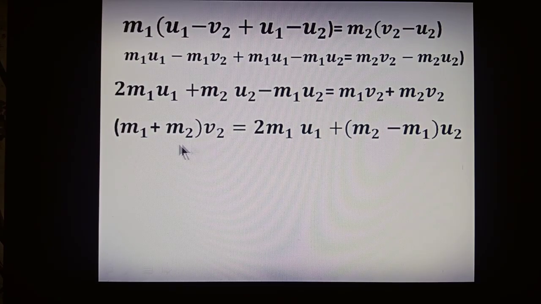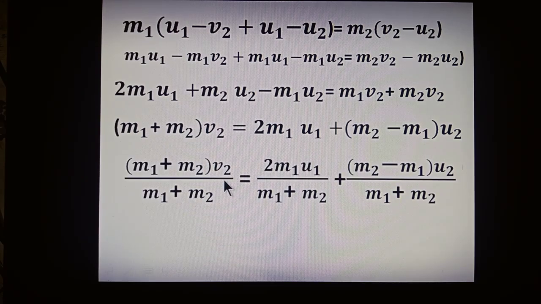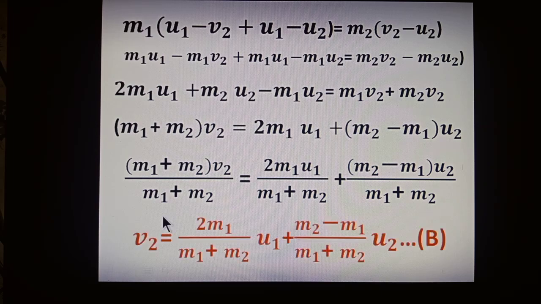Solving it for v2 by dividing both sides by m1 + m2, this term will be cancelled, so v2 = 2m1/(m1 + m2) × u1 + (m2 - m1)/(m1 + m2) × u2, equation B.